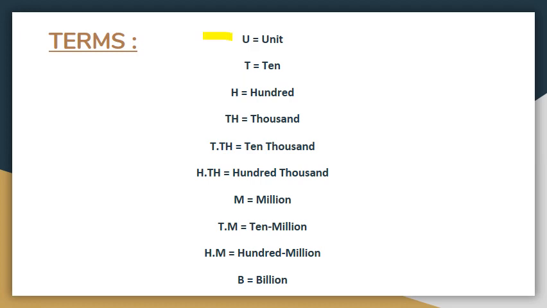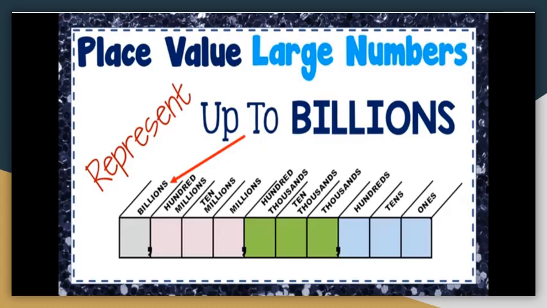U for unit, T for 10, H for 100, TH for 1000, TTH for 10,000, HTH for 100,000, M for million, TM for 10 million, HM for 100 million, and B for billion. This table shows place value of large numbers up to the billionth place.